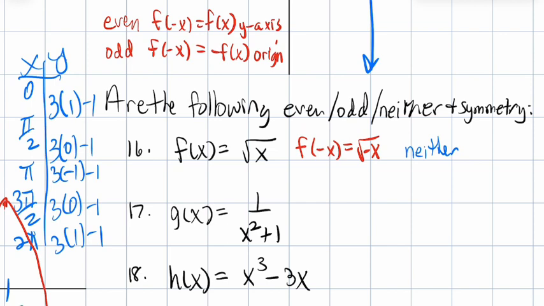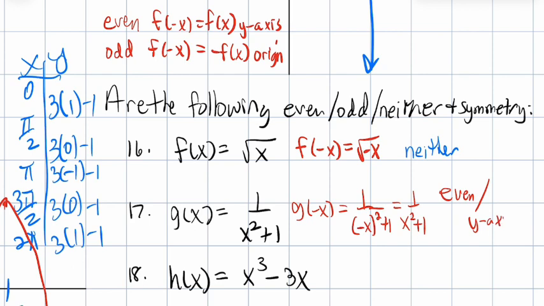Now, for number 6, when we do the negative x test, because the negative x only goes into a square, it goes right back to a positive again. So it's even, and it has y-axis symmetry. So that's a version of a function with y-axis symmetry.